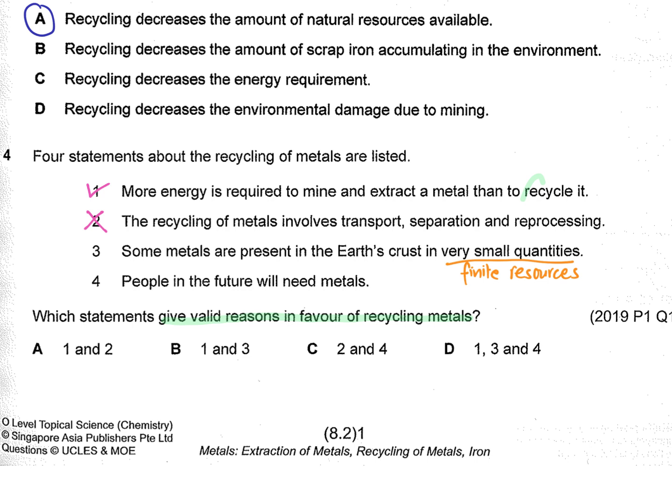Okay, so statement 3 is a valid reason. And this ties in nicely with your statement 4. People in the future will need metals, yes, and that's why you need to conserve it, because if they are finite resources, eventually they run out one of these days. Okay, so your answer should comprise statements 1, 3, and 4. So your answer is D.